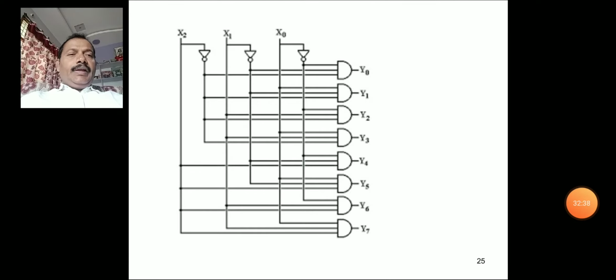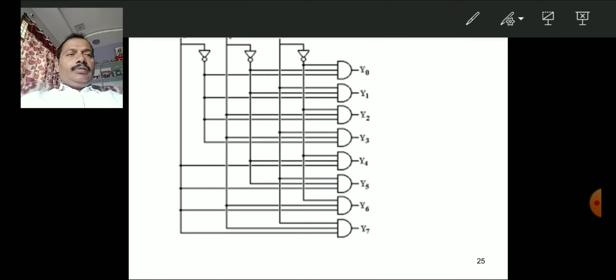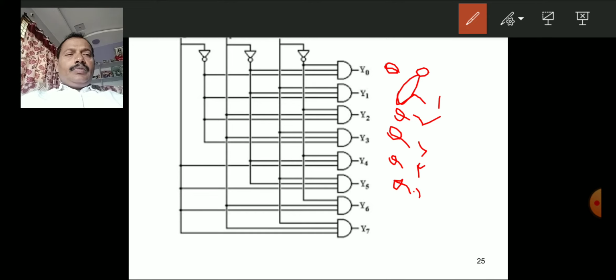So for the remaining outputs, because Q0 I have drawn, Q1 I have drawn. Similarly for the Q2, you can observe here the connections are very simple. For the Q3 and Q4, Q5, Q6, Q7.